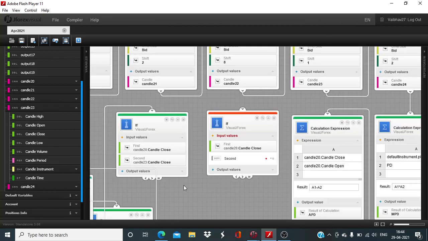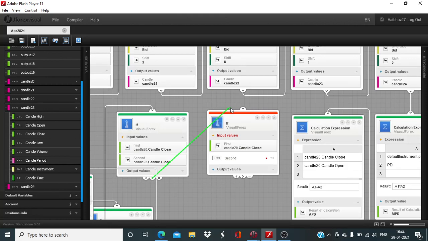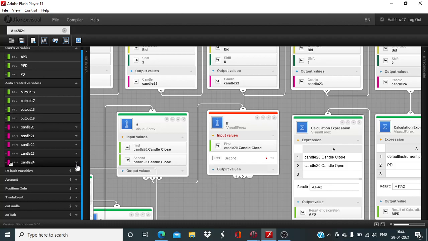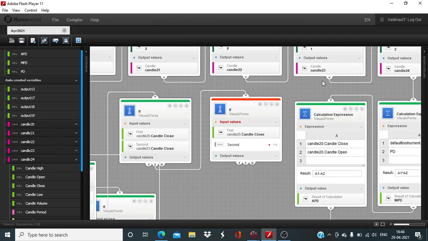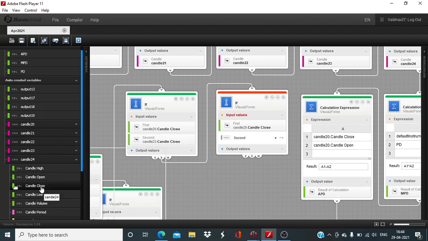And this should be first input greater than second input. And candle 24 candle close should have been below the candle 20 candle close.